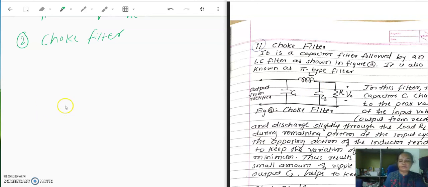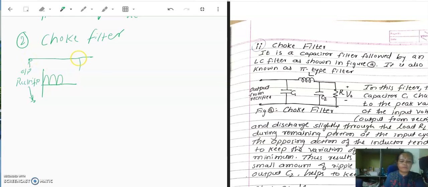of LC filter. So here we do have the output of our rectifier, and here the output we shall denote in this manner. This is the output of the rectifier.